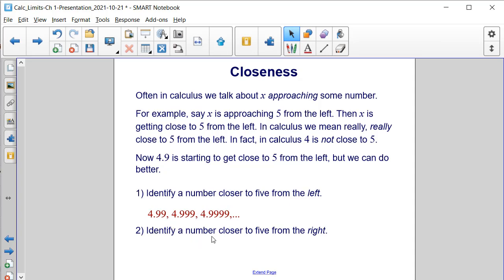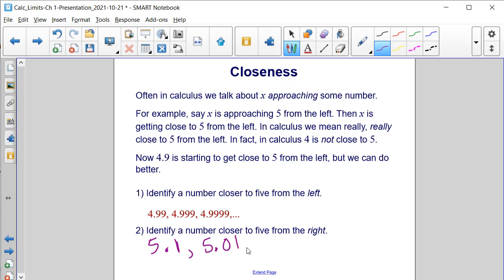So now let's identify a number that's closer to 5 from the right. Well, if we wanted, we could do 5 1/10 as a starting point. We could do 5 1/100th.